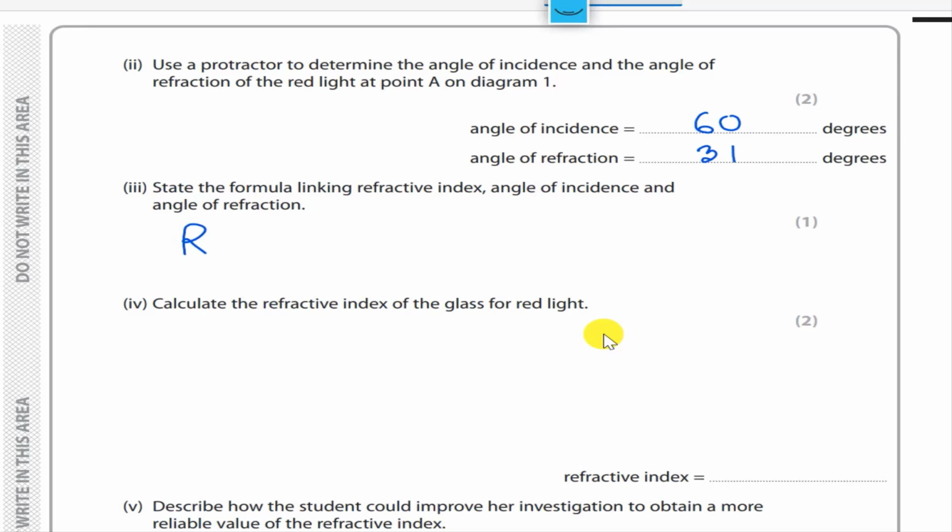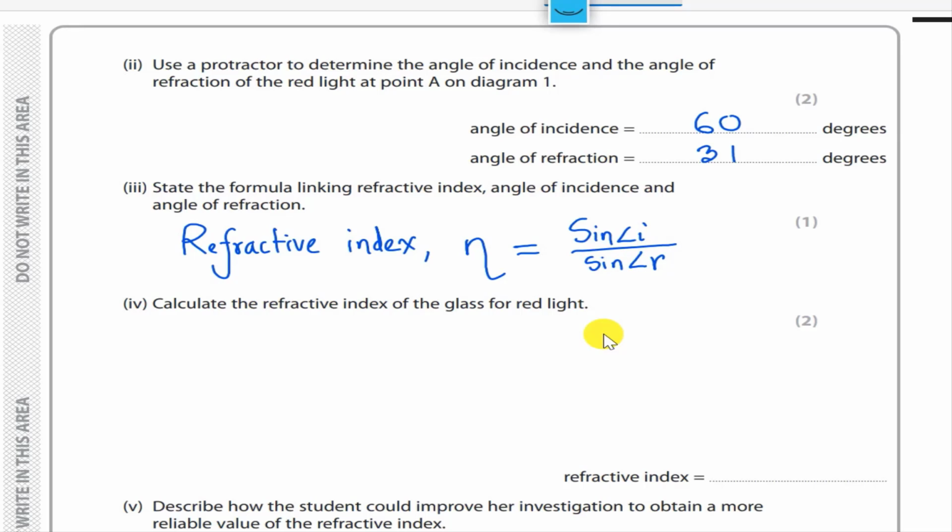We know refractive index, denoted by eta, equals sine of angle of incidence divided by sine of angle of refraction, where i is the angle of incidence and r is the angle of refraction.